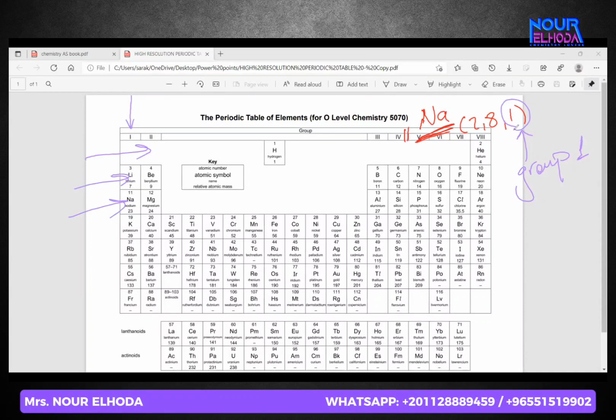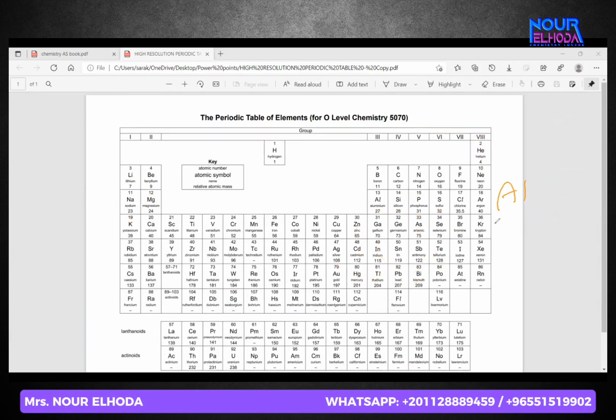You will check how many shells I have. If you check, here we find 2, 8, 1, which means I used 3 shells. Since I used 3 shells, this means I'm in period 3. Let's check: period 1, period 2, period 3, and group 1, so it's here. So now my location is correct. Good job.